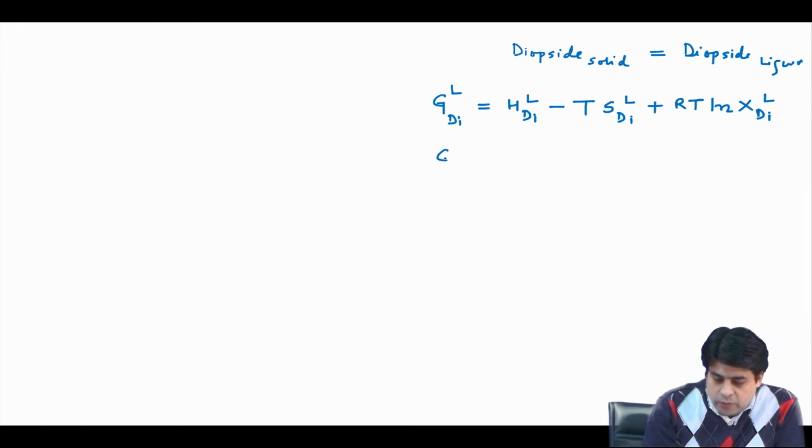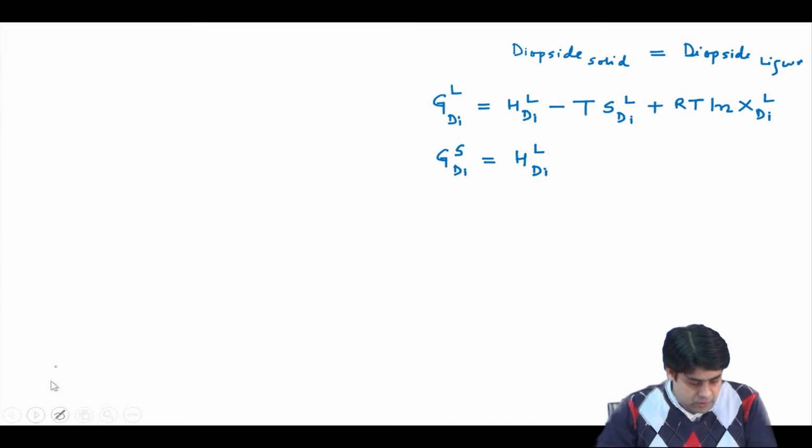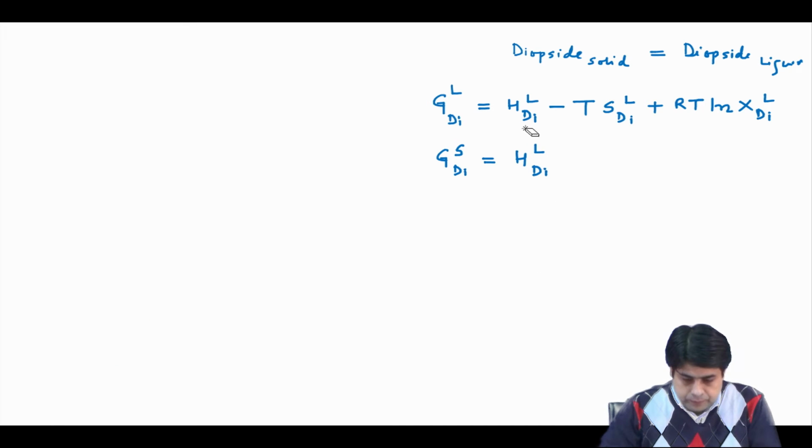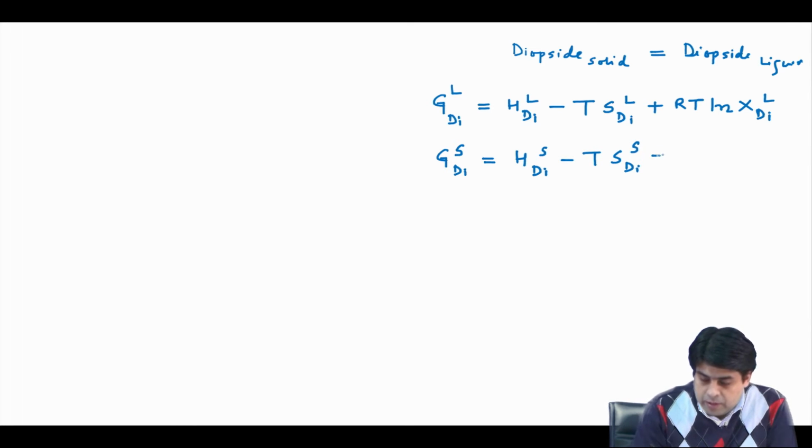Similarly, we can write down the Gibbs free energy for dioxide in solid, which will be H dioxide solid minus T S dioxide in solid plus R T ln X dioxide in solid.